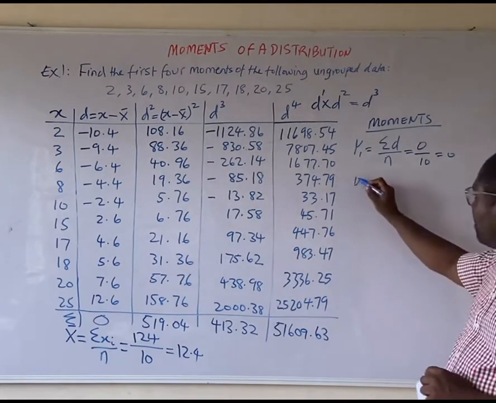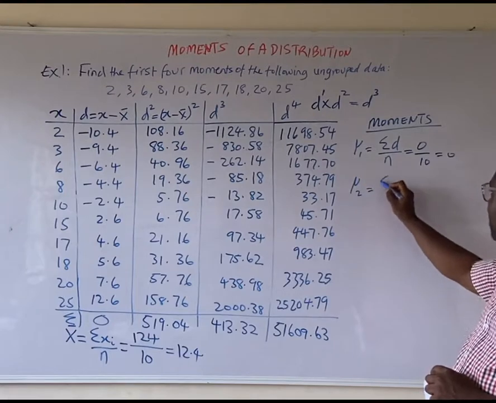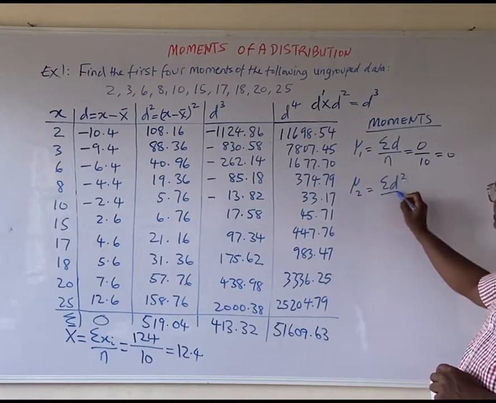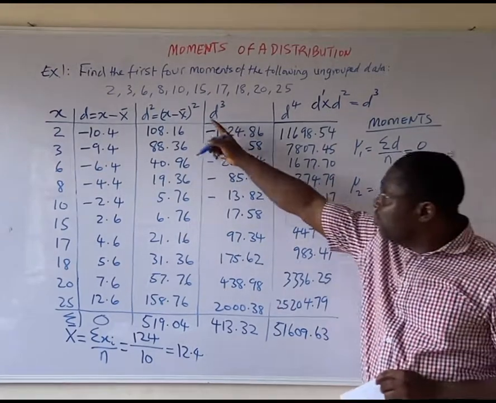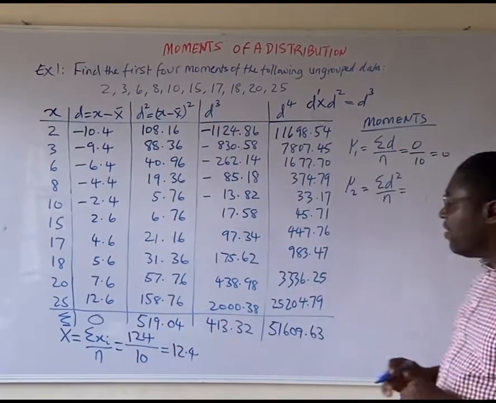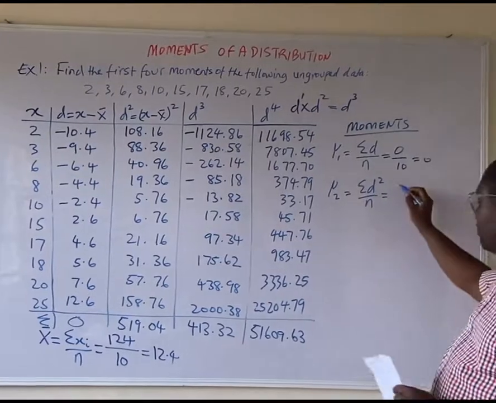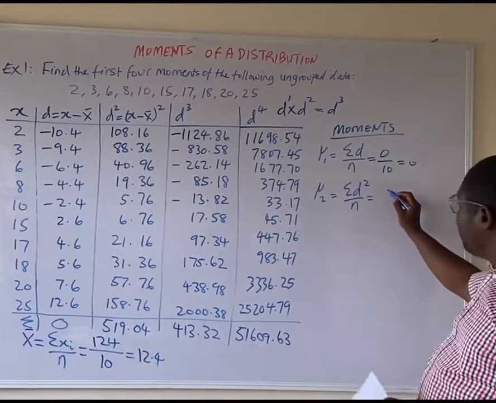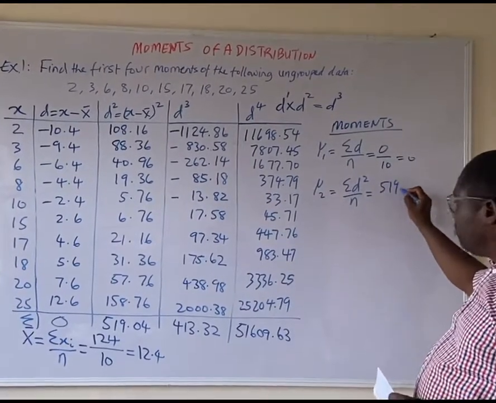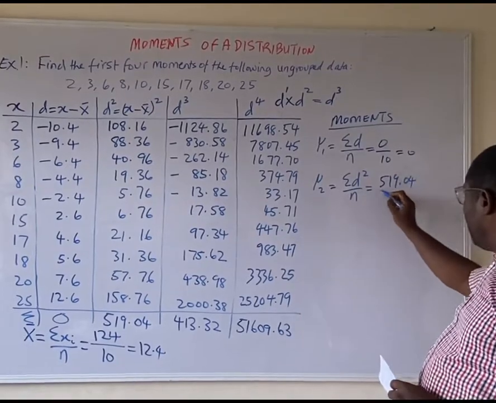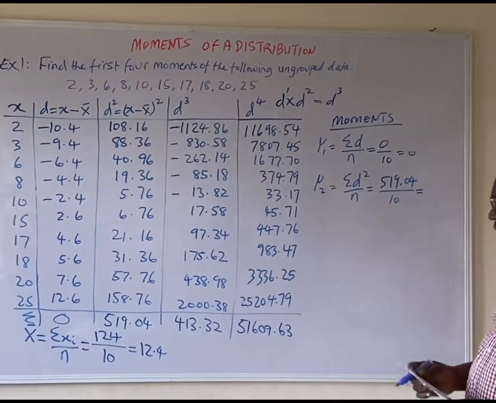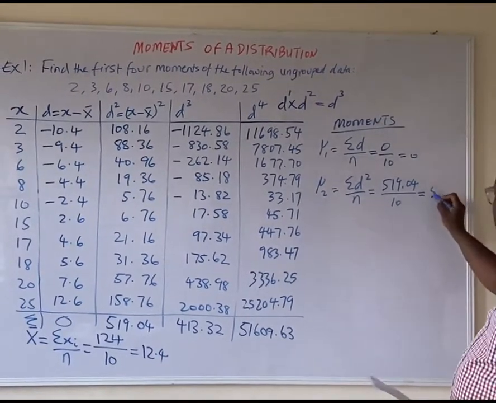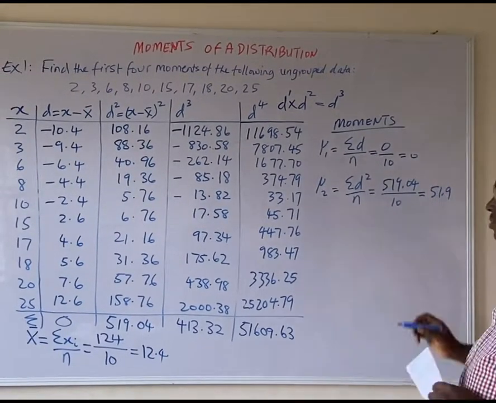Now the second moment is summation d raised to power 2 all over n. Summation d raised to power 2 is 519.04 all over 10. And what will that give us? 51.9.